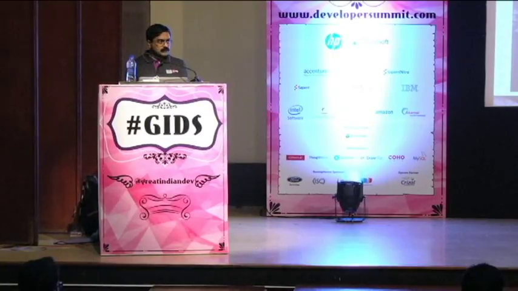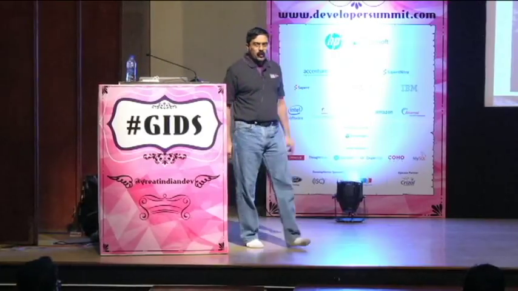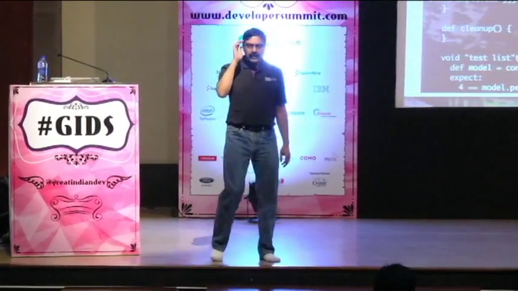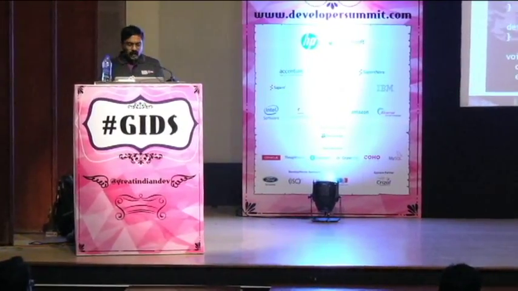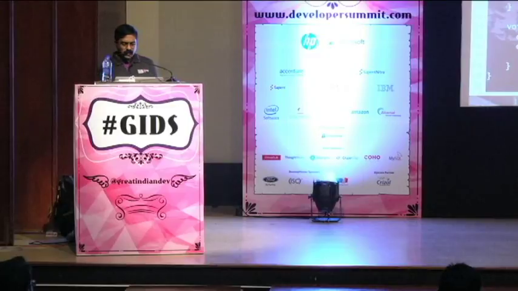So far so good. However, second requirement, I need to sort the data and display it, right? So sorting is needed. So how do I test for sorting? Well, let's start with this. Oh, wait a minute, it's failing. Let's fix the failure first. Then we'll come back and talk about it.